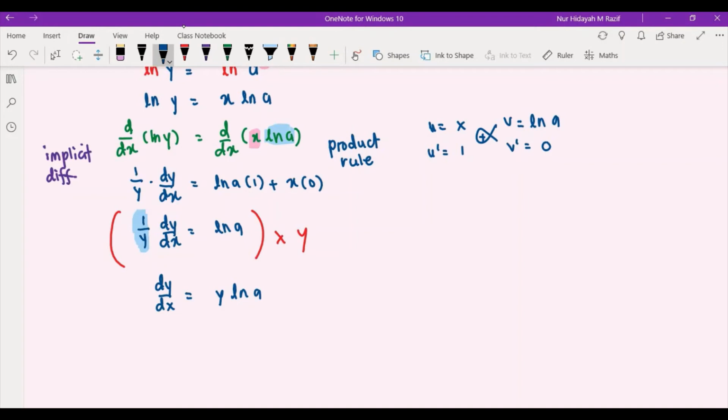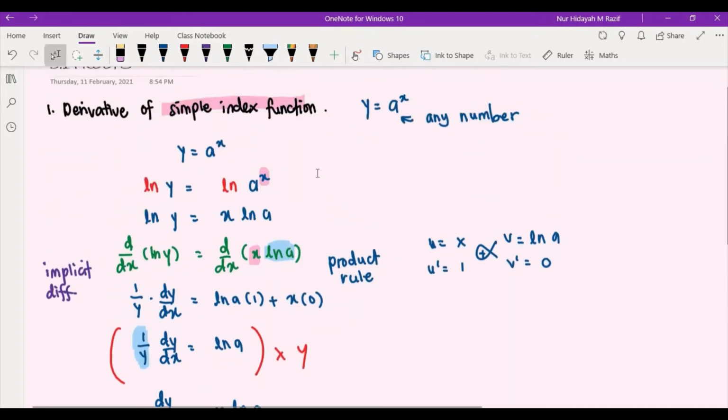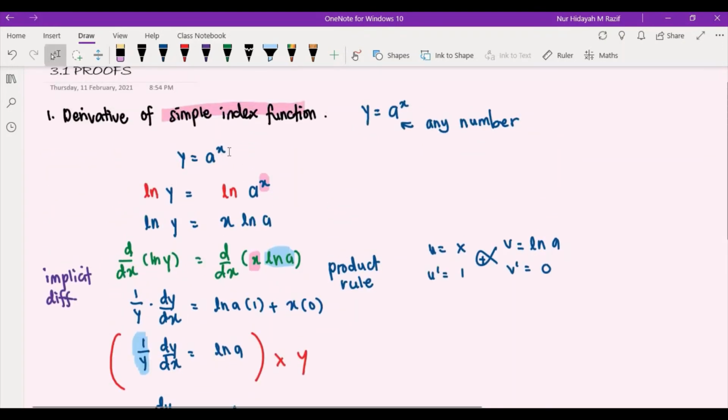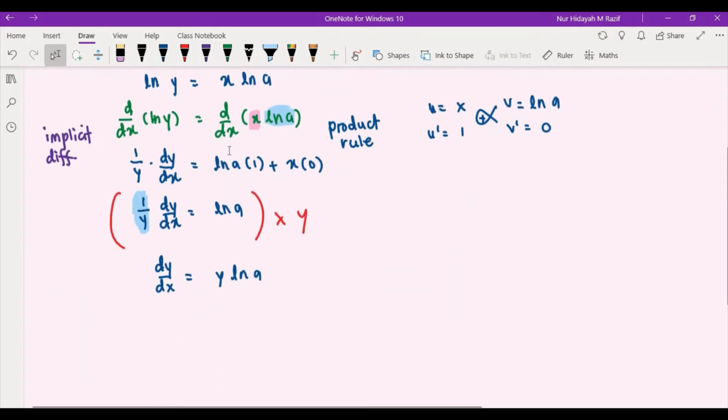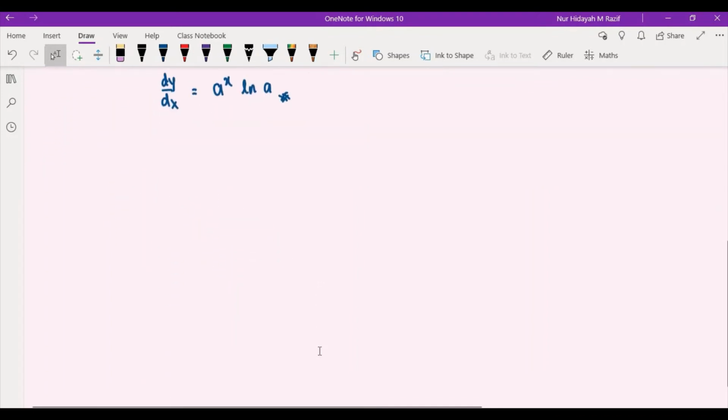And if you recall my y, I started with y is equal to a to the power of x. And that is what I'm going to put in. And hence my dy dx is actually equals to a power of x multiplied by ln a. And hence we have proven that the derivative for a power of x is actually a power of x multiplied by ln a.